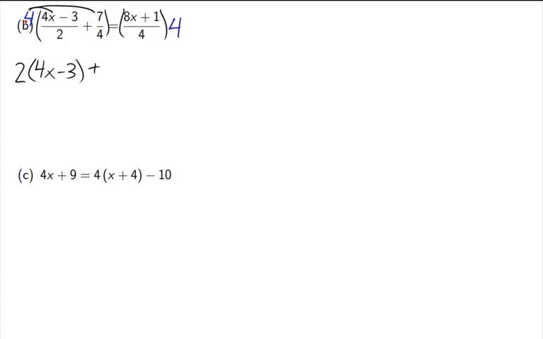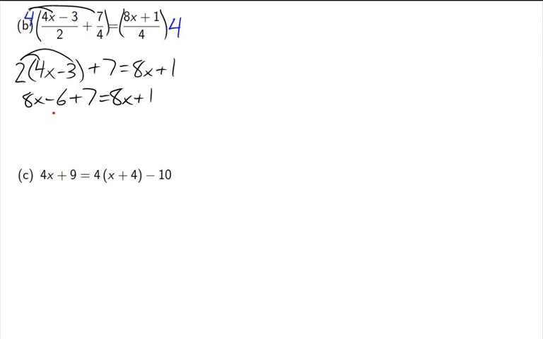Now when I distribute the 4 to the 7 over 4, the 4 cancels with the 4 underneath the 7 and just leaves me with a 7. Similarly, the 4 cancels with the 4 below here, and I get 8x plus 1. Let's finish this in a similar fashion. I get 8x minus 6 plus 7 is equal to 8x plus 1.